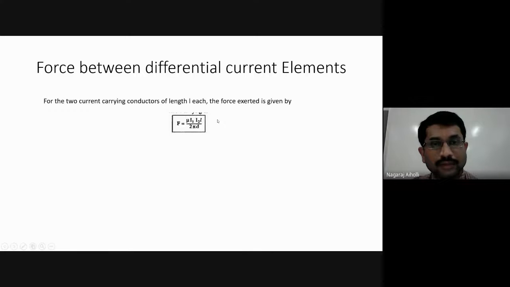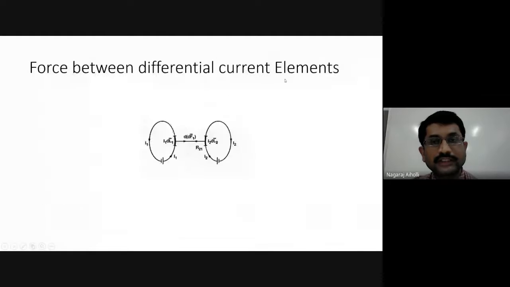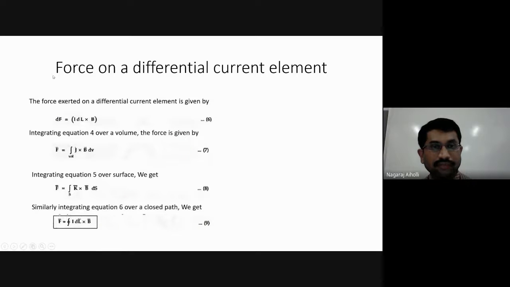Okay. So this is all about the force between differential current elements. This is one of the important topics. Many times it has been repeatedly asked in the examination to derive the equation for the force between differential current elements. Whatever previous derivation we did in the last class is the force on a differential current element. Know the difference, right? Don't think that both are one and the same.